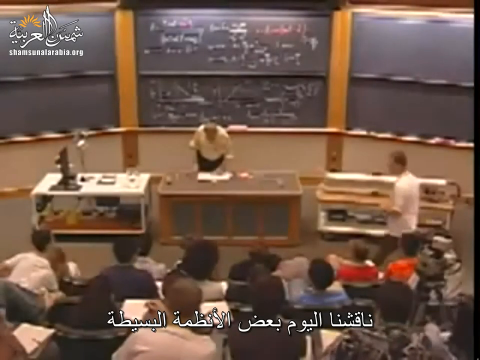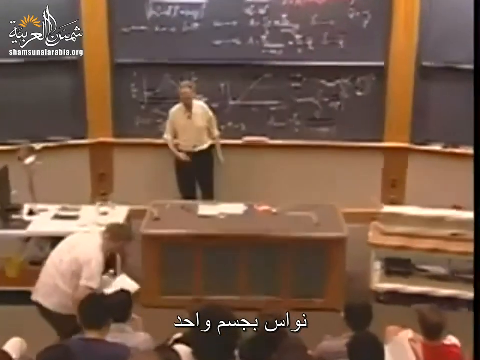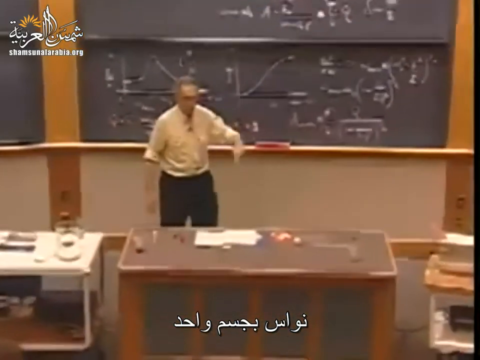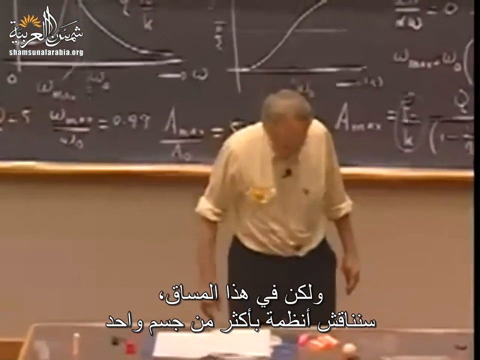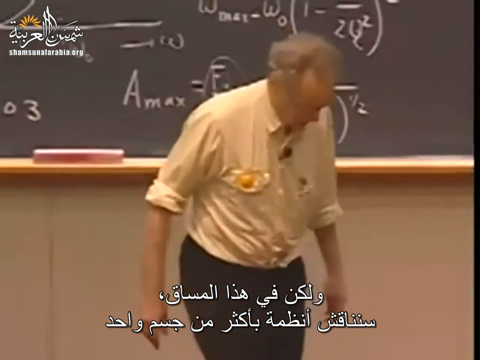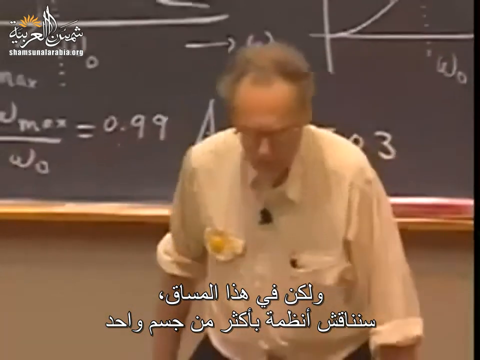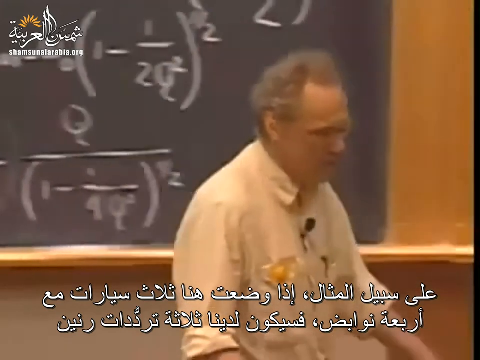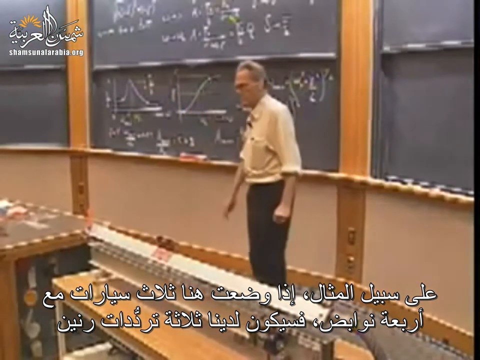Now, we have discussed today some simple systems. Pendulum, one object. Springs, one object, one resonance frequency. But soon, in 803, we will discuss systems with more than one object. For instance, if I put 3 cars on here with 4 springs, 3 resonance frequencies.